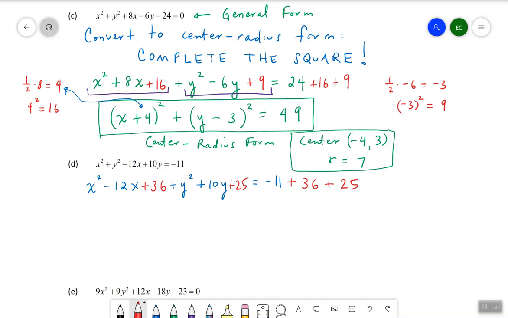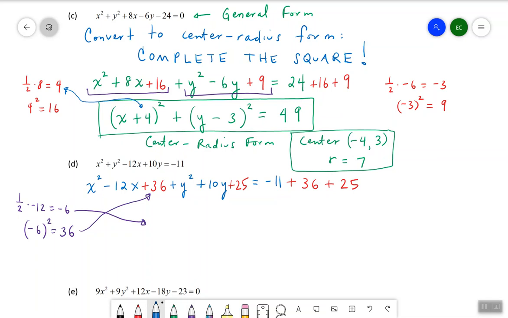Okay, and then when you factor this, I really want to emphasize this point here. Half of -12 gets -6, and then -6 squared gets 36. That 36 goes right up here. That's what we have to add to both sides. But the -6 is very useful as well.